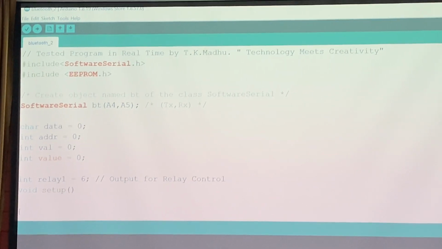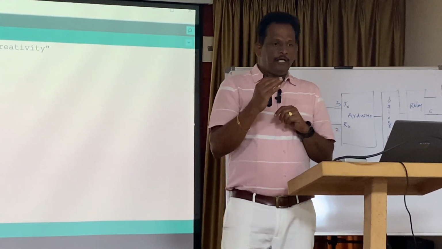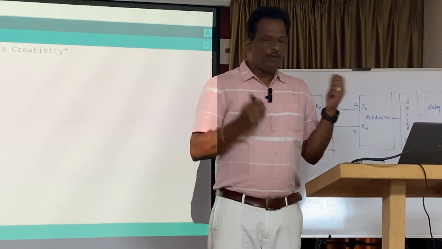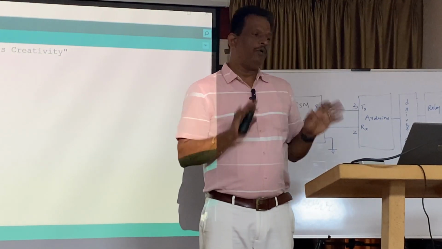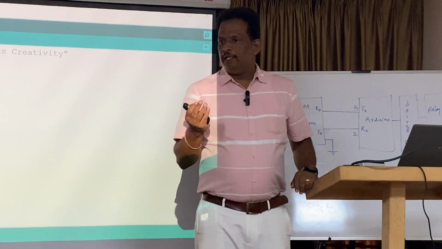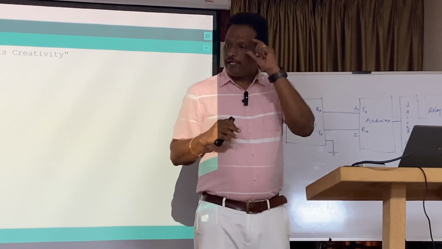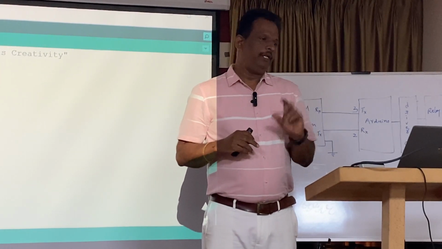But here I have initiated EEPROM. So wherever the power goes, that address will be stored in the EEPROM. Once the power comes, it will execute from there and maintain the status of your load. If the fan is on, power goes off and comes again, it will remember and the fan will be on only.